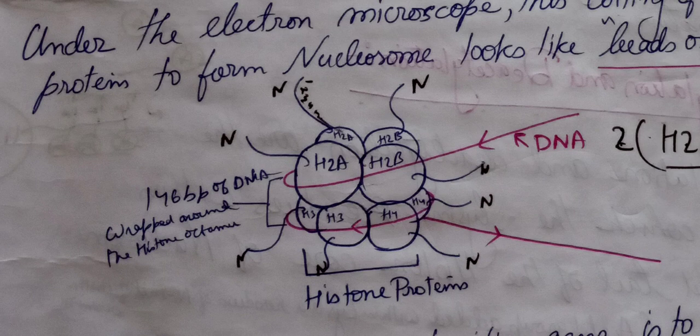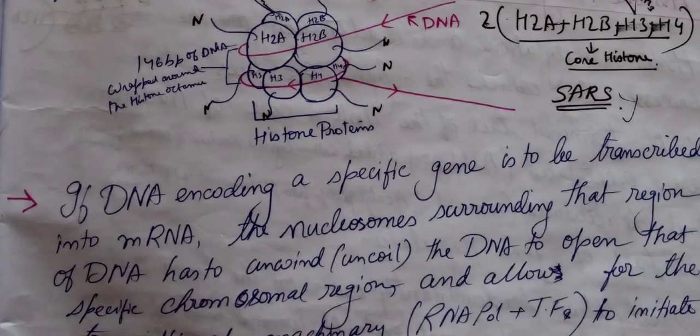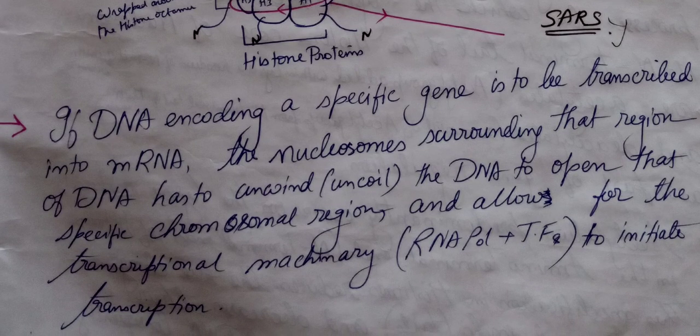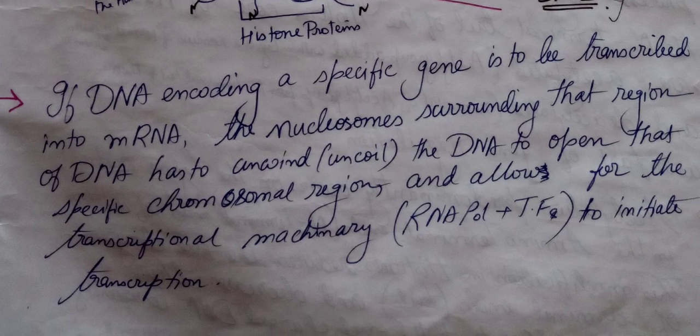Actually, some functional groups are attached to these tails at specific amino acids, and depending upon which amino acid has been modified by which functional group, they will change their conformation and allow that DNA to unwind or rewind. Okay, so this is the main thing about the first level of gene regulation and expression in eukaryotes.